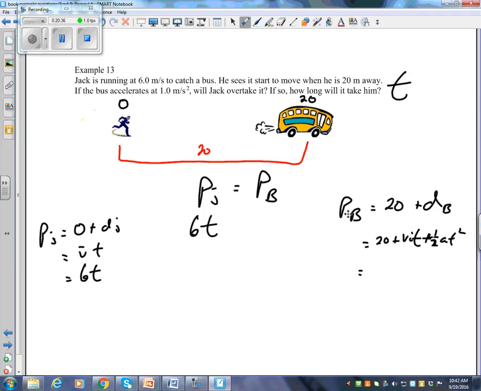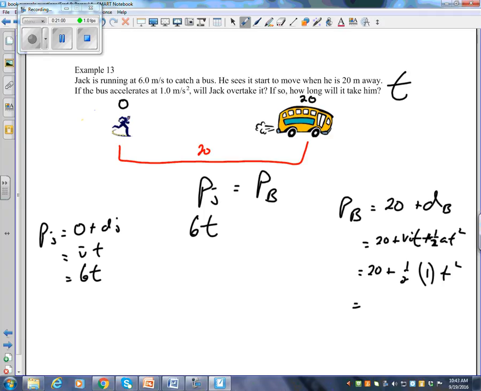The position of the bus is its initial position of 20 plus VIT plus a half AT squared. Its initial velocity, though, is 0. Right? The bus starts at rest. So this is, in fact, going to be 20 plus that 0, plus 1/2 of the acceleration of 1 times t squared.